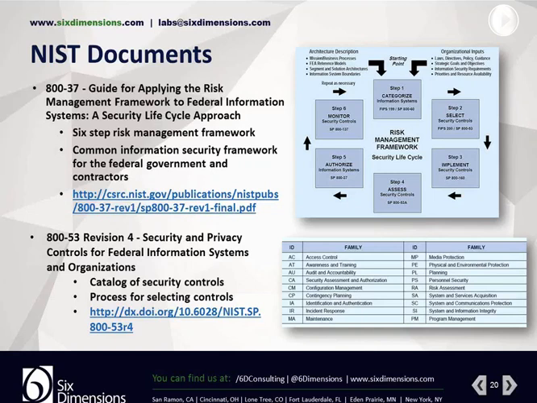The list on the bottom right-hand side is just a list of the families of security controls that come with NIST 800-53. This is a comprehensive list. In fact, I think NIST is probably one of the more comprehensive lists that you can use to select security controls.